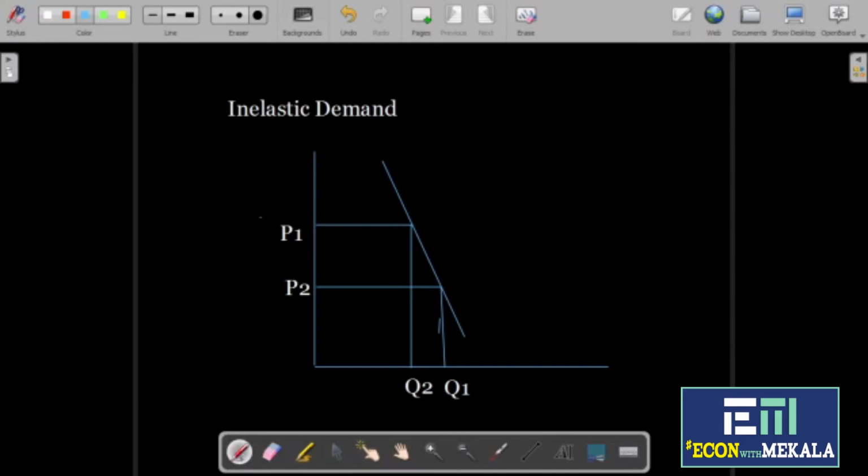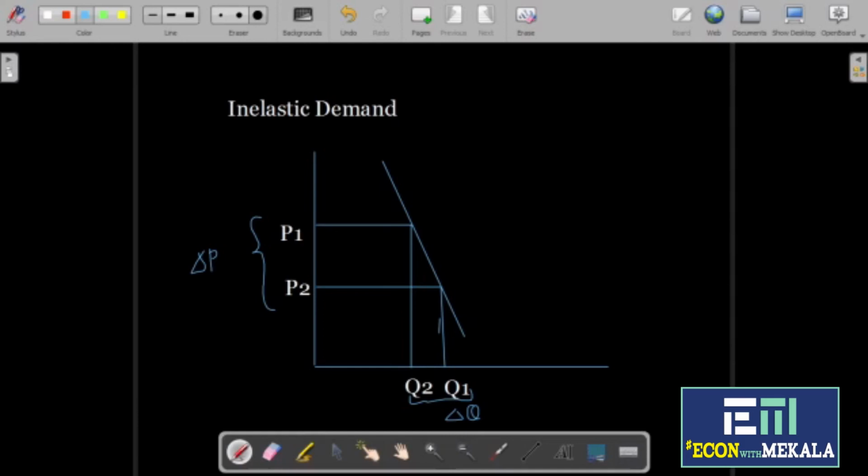The difference in price, which helps us understand percentage change in price, we consider as delta P, and delta Q is the difference in quantity.